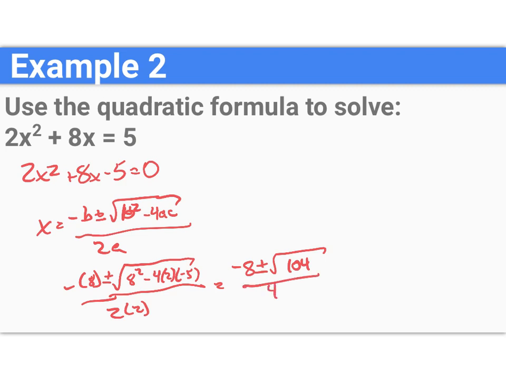So you get negative 8 plus the square root of 104 over 4, and then negative 8 minus the square root of 104 over 4.